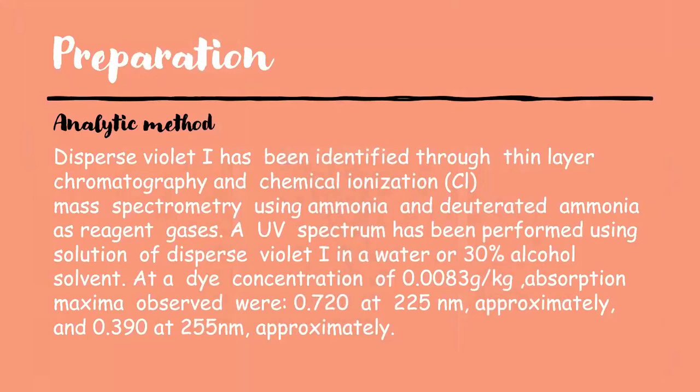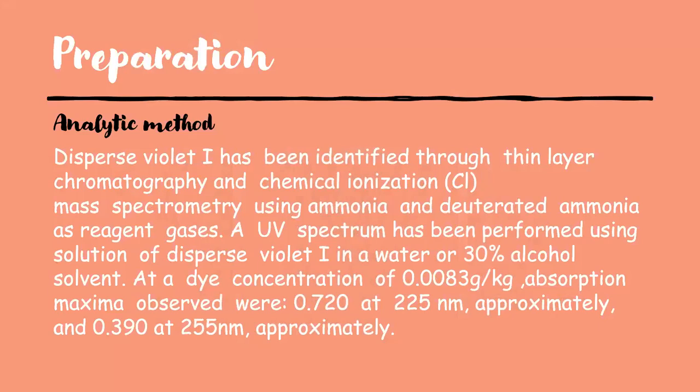Next, these are the preparations of 1,4-diamino anthraquinone, starting with the analytical method. Disperse Violet 1 has been identified through thin layer chromatography and chemical ionization mass spectrometry using ammonia and deuterated ammonia as reagent gases.